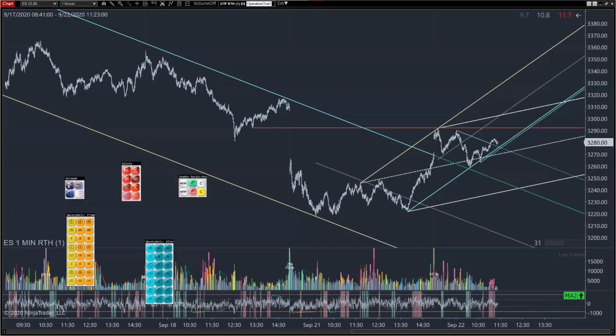Well, that looks more like what I was hoping for. So I'd say we are in the third wave up. And I did say I was going to hold it to the target and didn't do it.